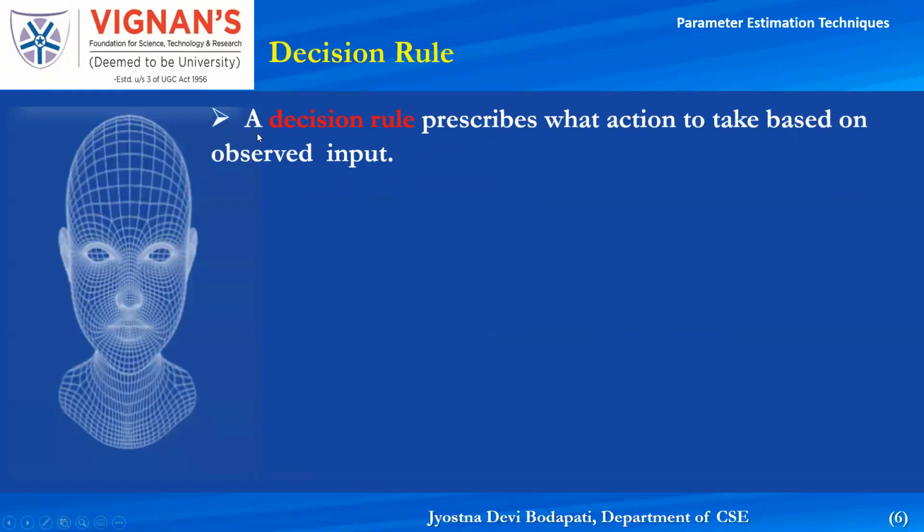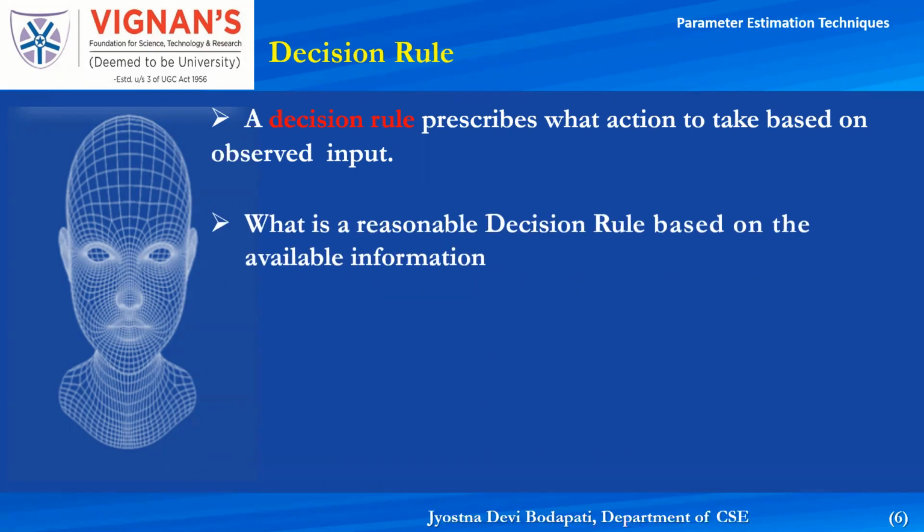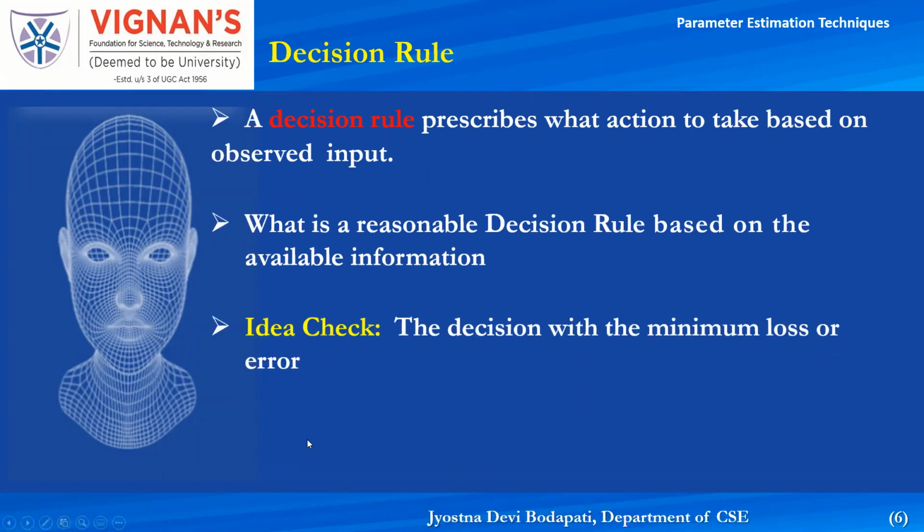Now let's see how to take the decision rule. What do you mean by the decision rule? Based on some observation, we'll take the decision, right? And ideally, whichever decision gives you the less error or the minimum loss, that kind of decision you should take. Say, for example, my problem is the gender classification problem.